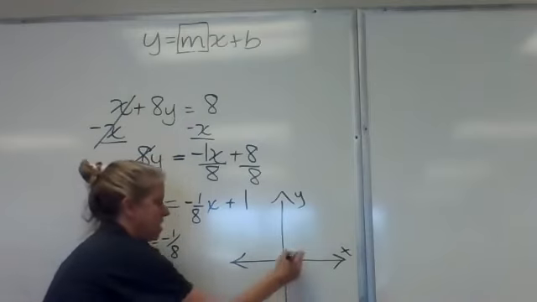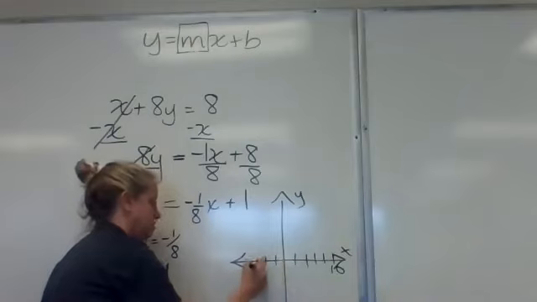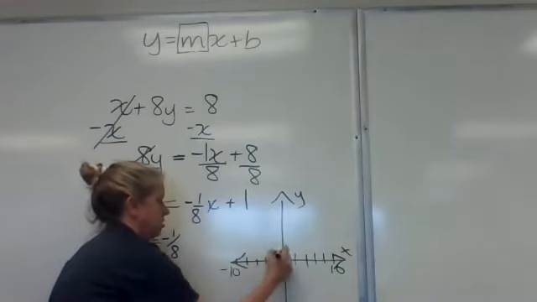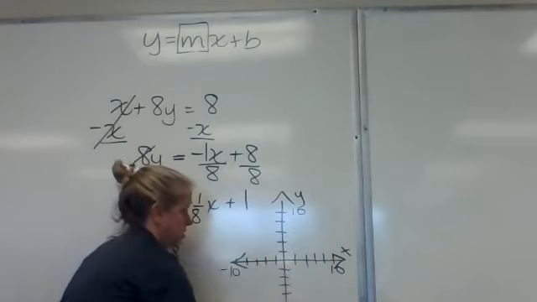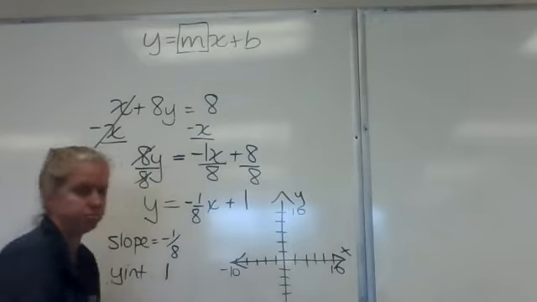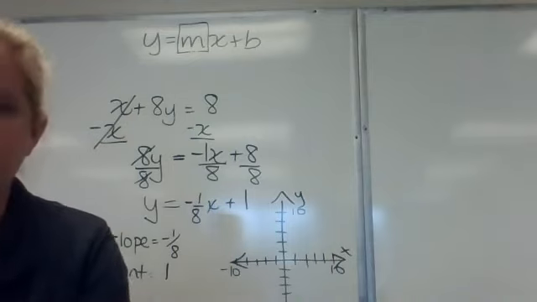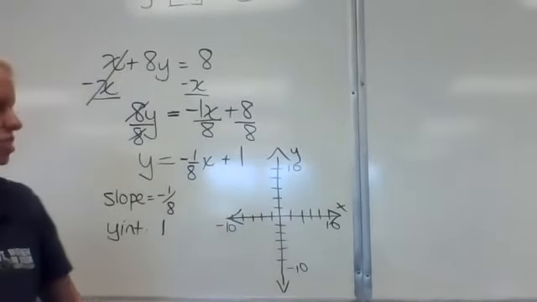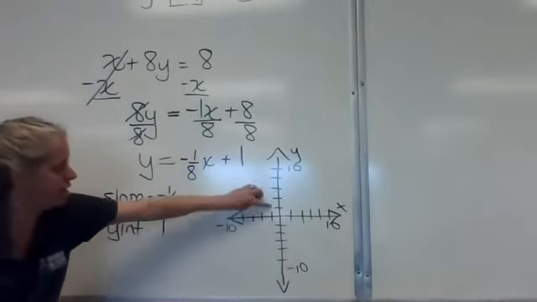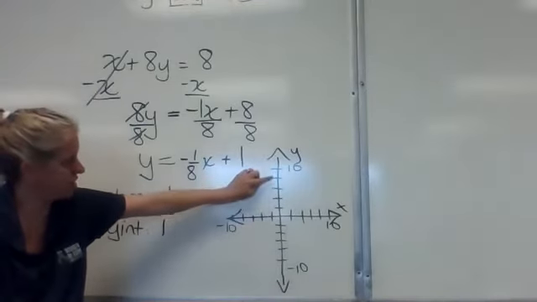So again, the hash marks are 2s because that's 10. So we're going to do the same thing. It crosses through. What's my y-intercept? Positive 1. Now remember, that's 2, 4, 6, 8, 10.